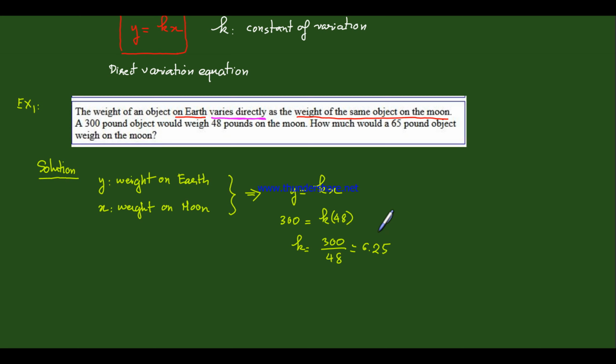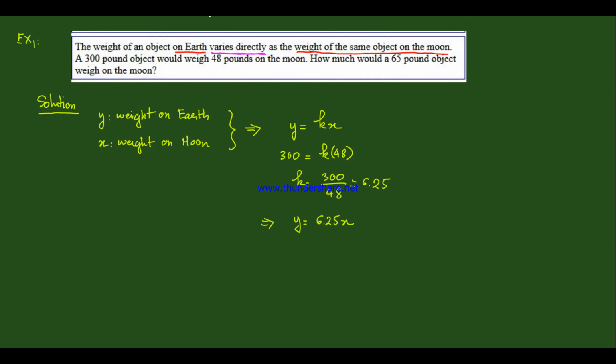So that is k, and from the k I can get the direct variation equation: y equal to 6.25 times x. So this is the direct variation equation. We just got the equation.